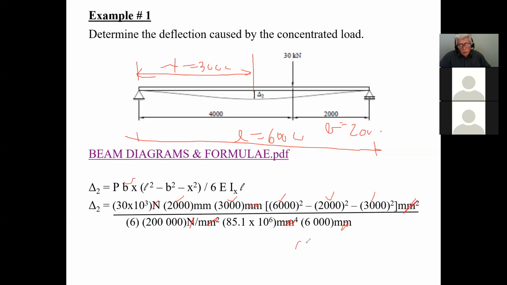I end up in millimeters. So all my units work out. Since I worked out my units, I'm going to now go through the trouble of doing the calculations. Guys, if your units don't work out, don't bother calculating. It's going to be wrong, so you're wasting your time. And these calculations can take you a few minutes, you understand? Because you have to take this, subtract this, multiply this, divide it by that, and so on and so on.